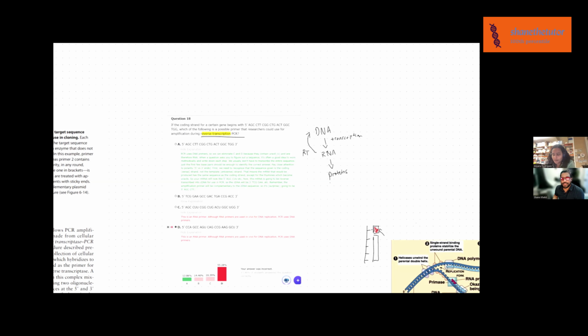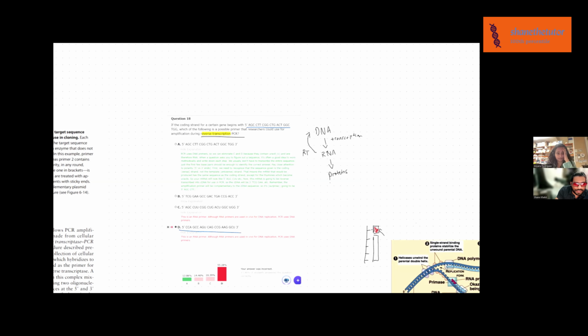So if you make something, so our coding strand is that, TCG like this, well, I guess it would have to go in the 3'. So the one that you chose would be the template strand.